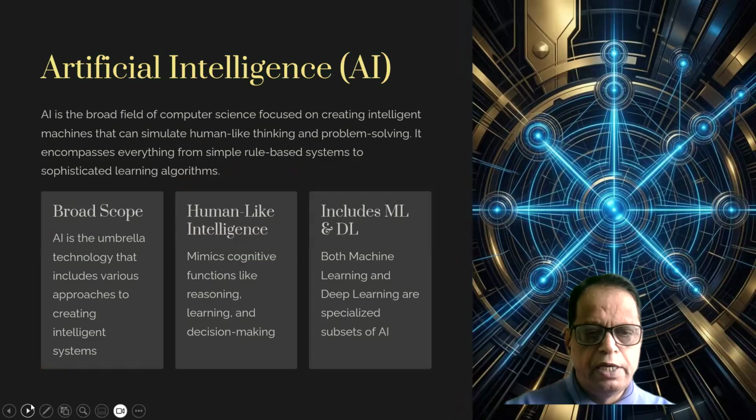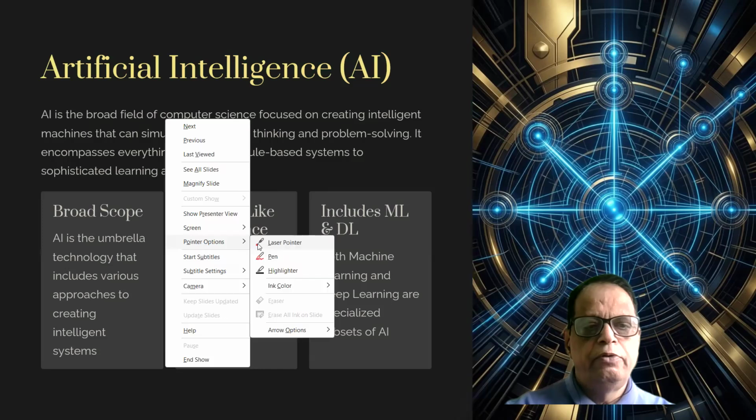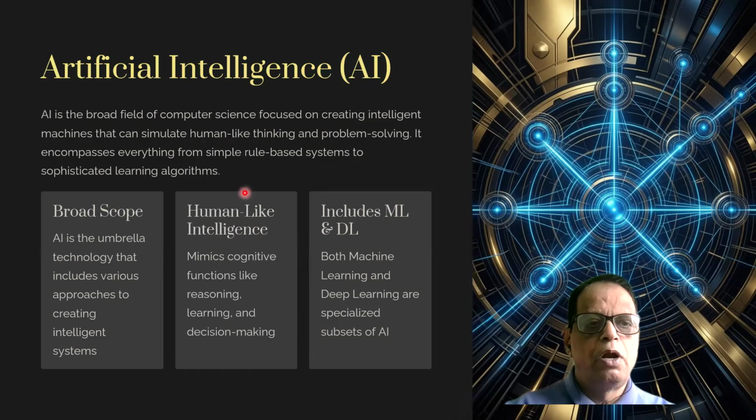Artificial intelligence, as we know, is a broad field of computer science. And in artificial intelligence, we write the algorithms or programs with the help of which we can create intelligent machines. And these machines can simulate human-like thinking, and even they can make decisions and solve problems.